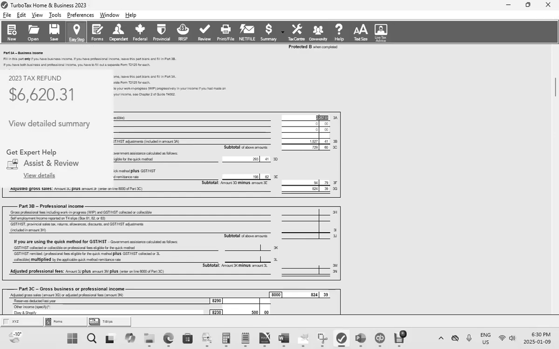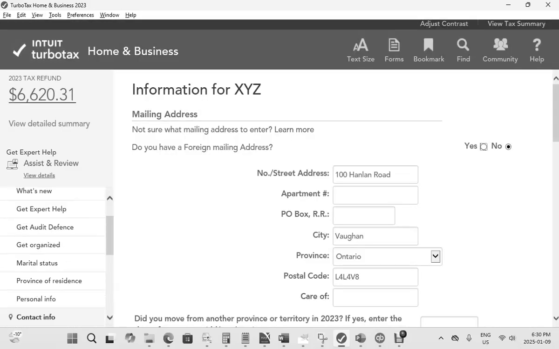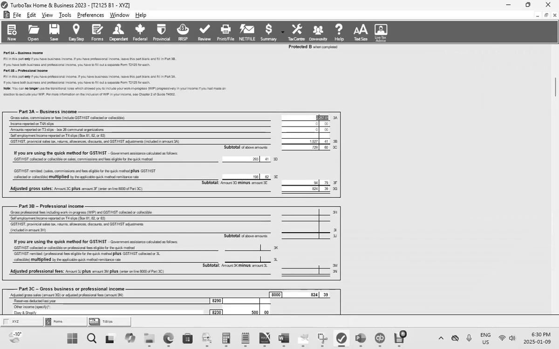Notice what the refund amount is as of right now. The tax refund is $6,620.31. Note, we will not change anything else on this tax return apart from the T2125.